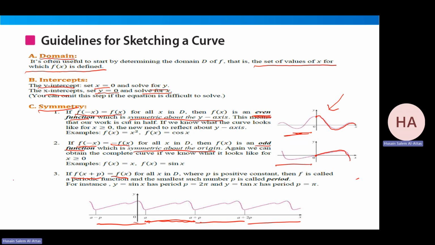How to check? I need to check whether f of x plus p equals f of x. It means for a period p, this function is repeating itself. A very clear example is sine x or cosine x, where between 0 and 2 pi, this is one block, and it will repeat itself.